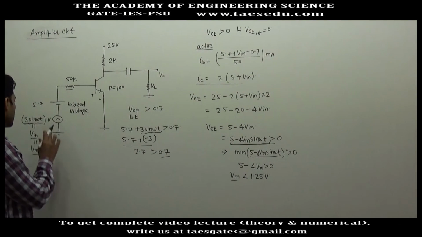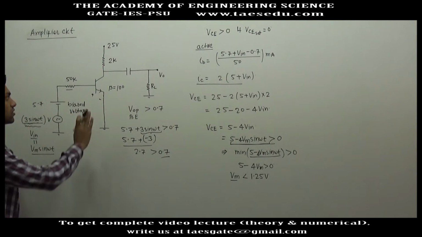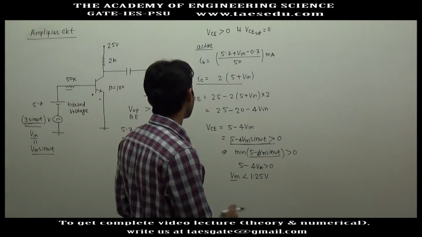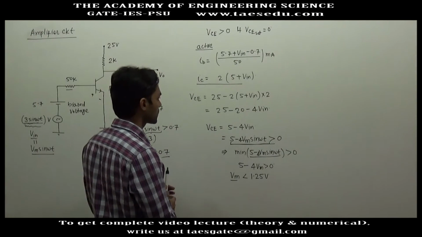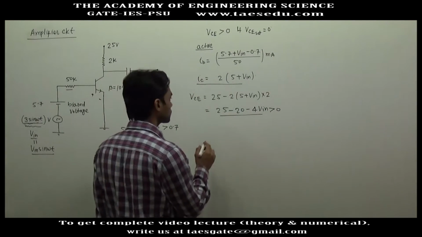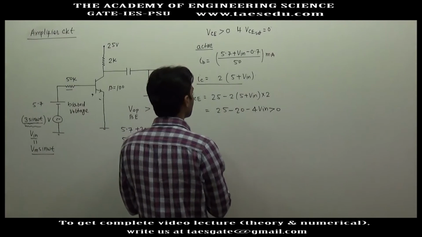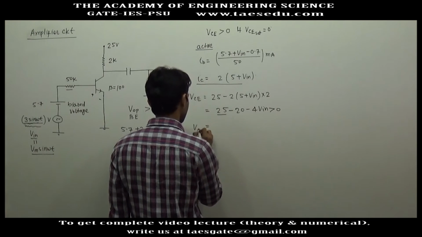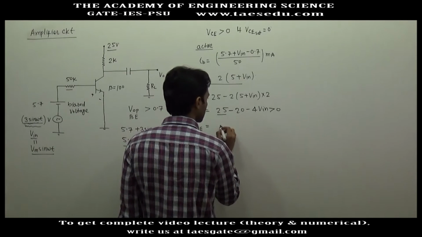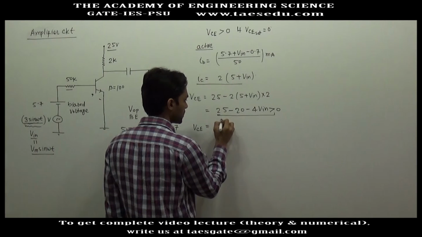Now if you want this circuit to operate as a linear circuit for this AC signal, what will you have to do? This is VCE and this has to be greater than 0. Instead of 25, let's take VCC. Here I have taken VCC as 25. You have to keep this quantity greater than 0, so you have to increase this 25 volt.